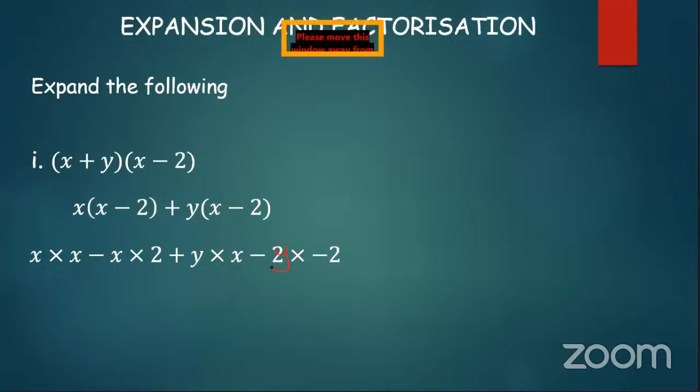So that would give us x squared minus 2x plus yx, then minus 2y. Are there like terms that we can add? No, so our answer stops there.